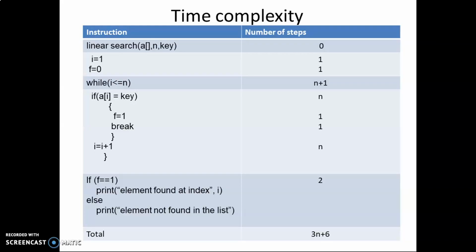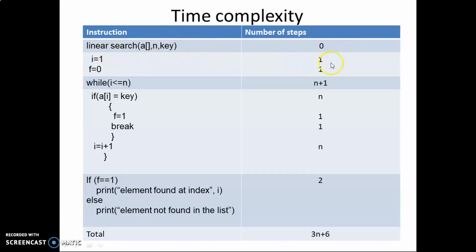Suppose you run the algorithm in a particular system, and when you go to another system, the calculation will be different. To avoid that drawback, we calculate the time complexity in terms of the number of steps required for an algorithm. So for this statement, which will never be executed, I take it as 0.